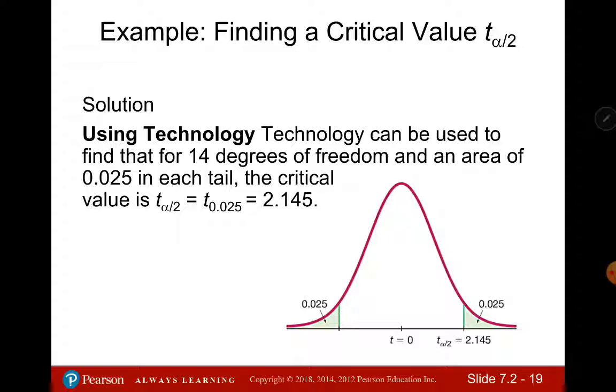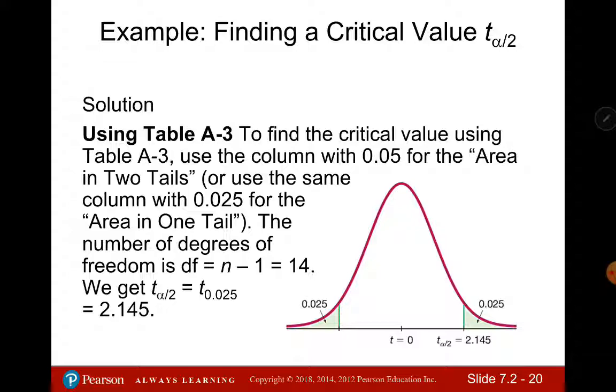So we check the top row to find which column is for 0.025, and use the left column of degrees of freedom to locate the critical value. So this column is what we want. Then we use the degrees of freedom 14. After that, we can get the critical value t.